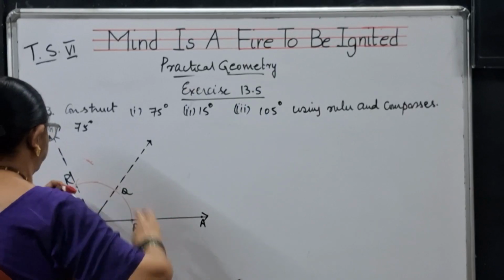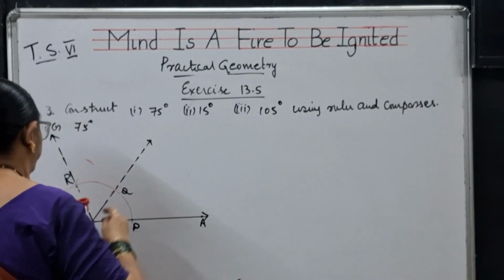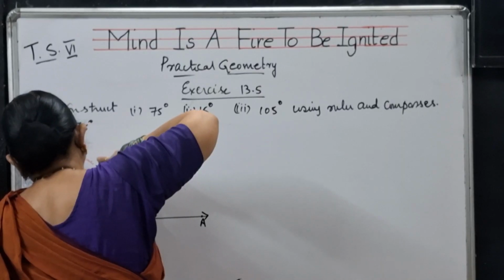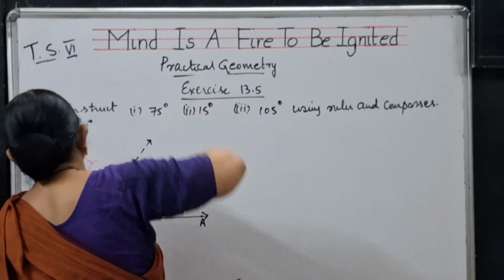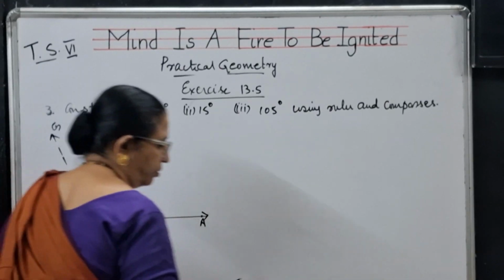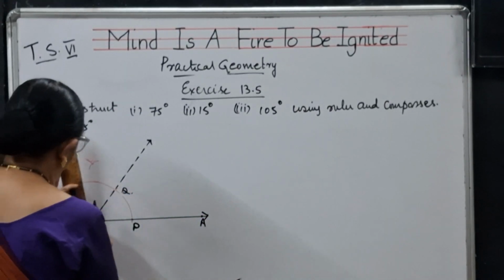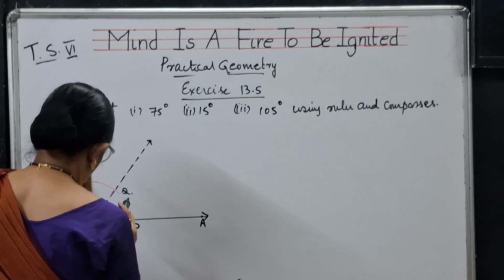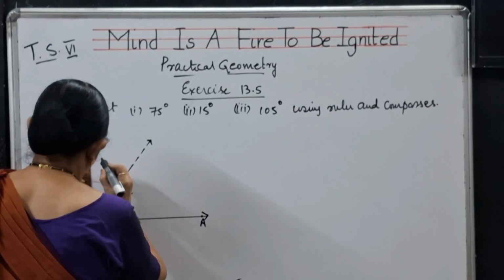and without disturbing it, Q as center, again an arc. So these two arcs are joined here.